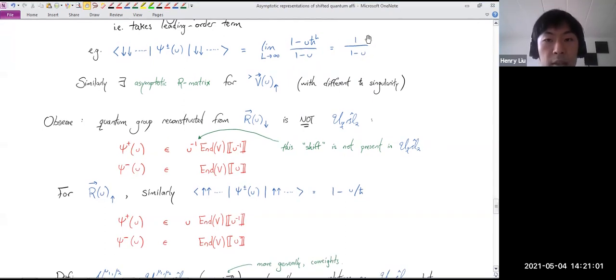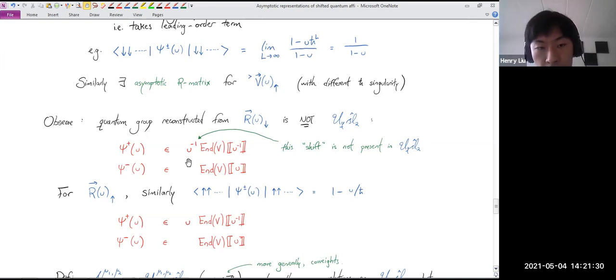If you expand this rational function around u equals 0 and u equals infinity, the expansion lives inside here. It has no constant term, and it starts from the first order term. This shift of that series is not present in UQSO2 hat.